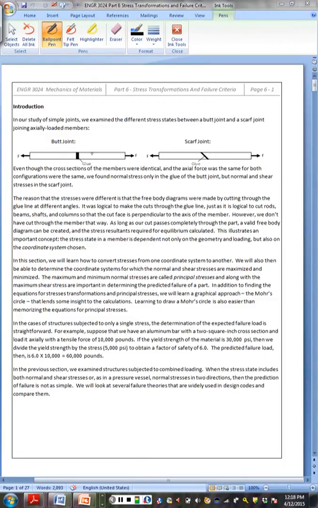So way back in Part 2, we looked at cases of axially loaded glue joints. If we had what we called a butt joint, where it's perpendicular to the applied force, this is purely normal stress because it is perpendicular if you look at what's going on in the glue.